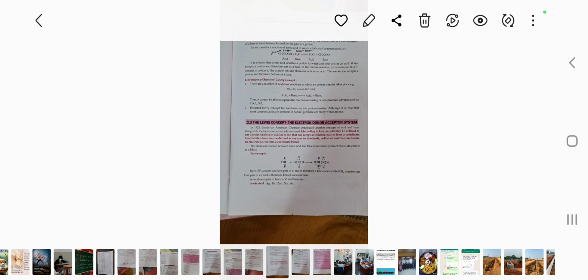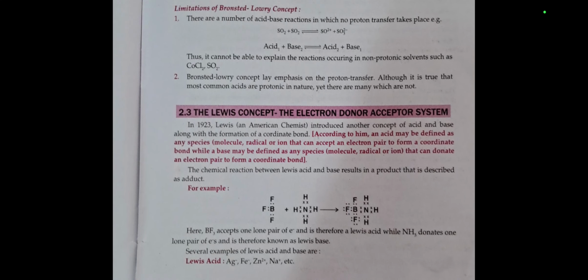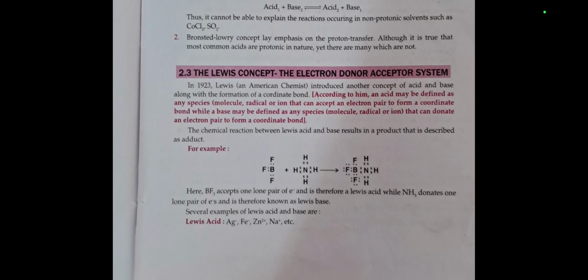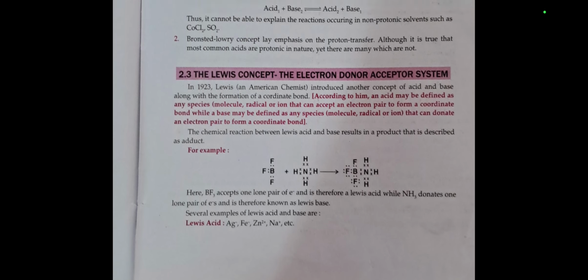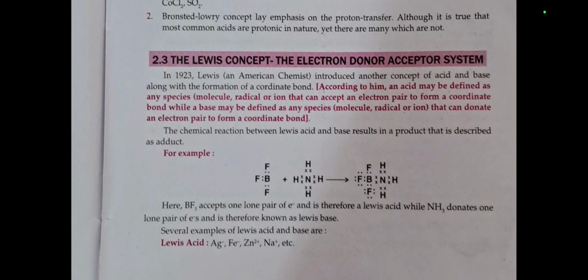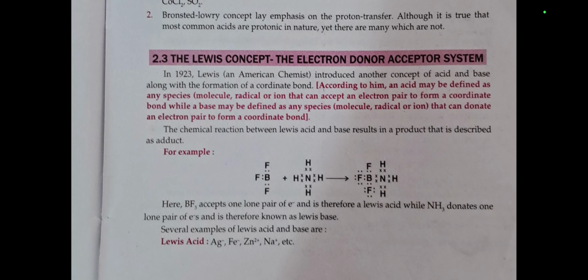So next we'll see the Lewis concept, the electron donor acceptor. According to his statement, an acid is a substance, like a molecule, radical or ion, that can accept an electron pair to form a coordinate bond, while a base may be defined as any species, like a molecule, radical or ion, that can donate an electron pair to form a coordinate bond.